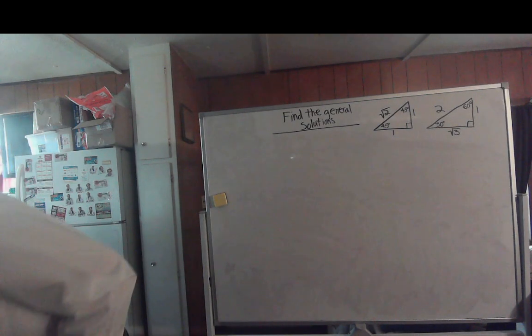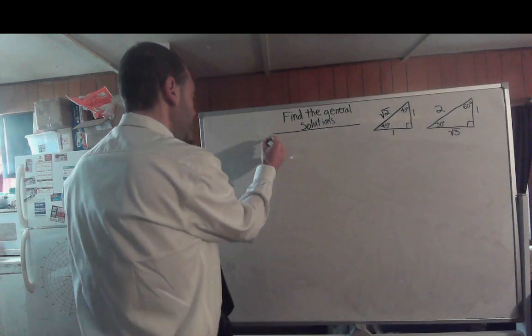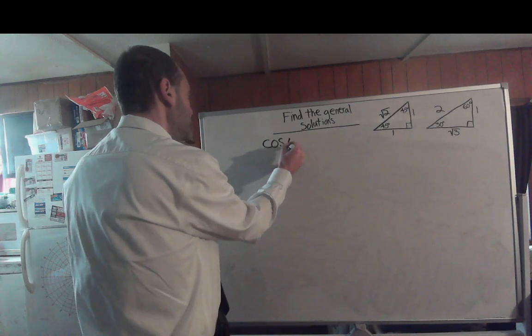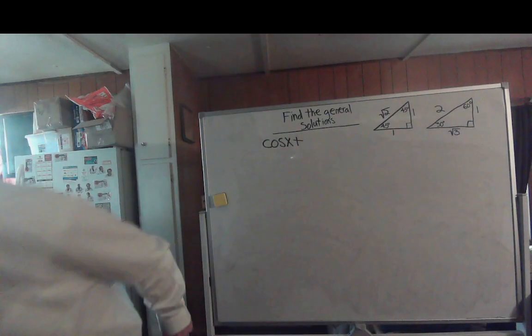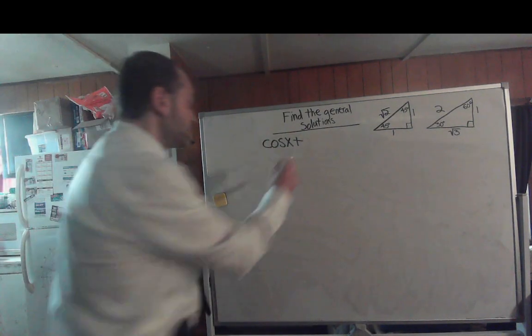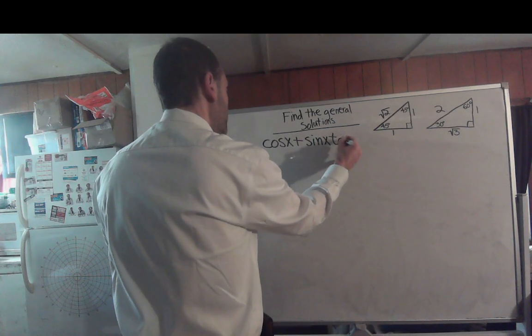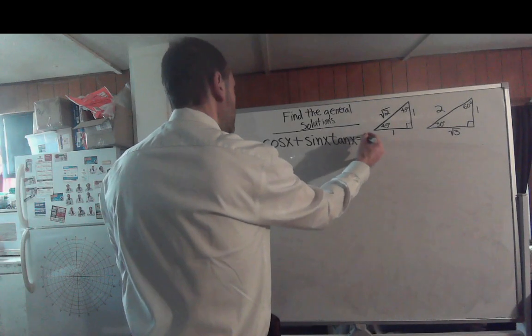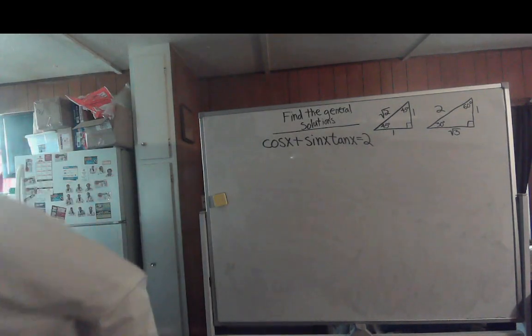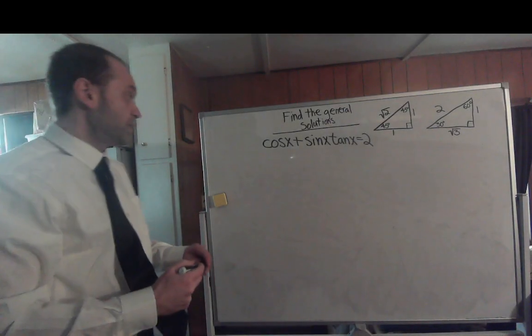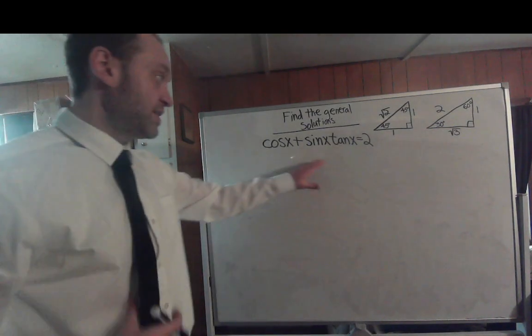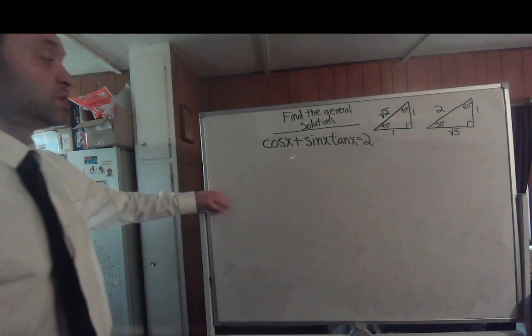Good one. 3 functions. So we have the cosine of x plus the sine of x tangent of x equals 2.